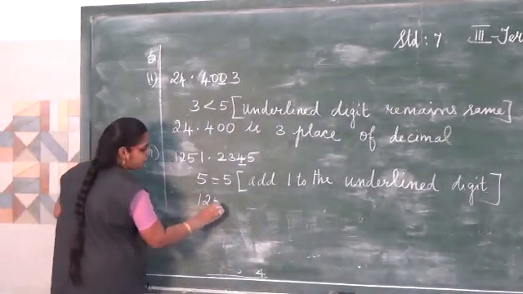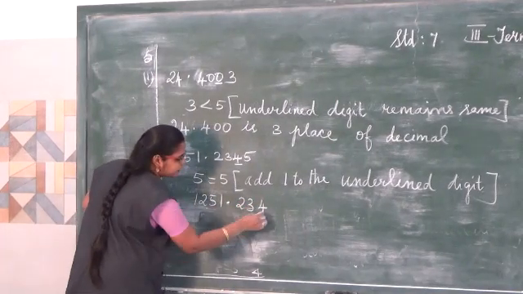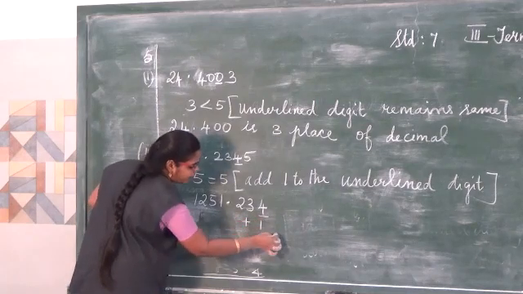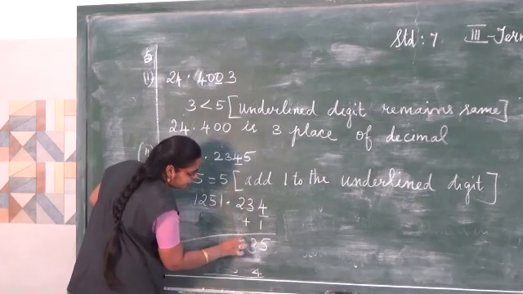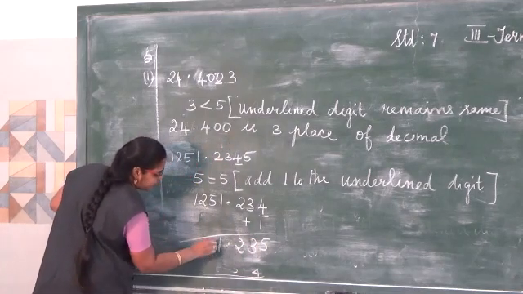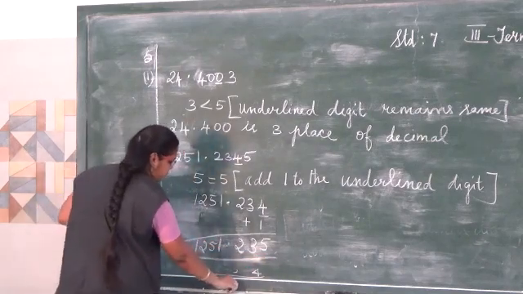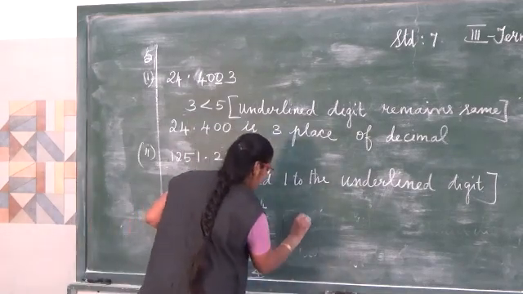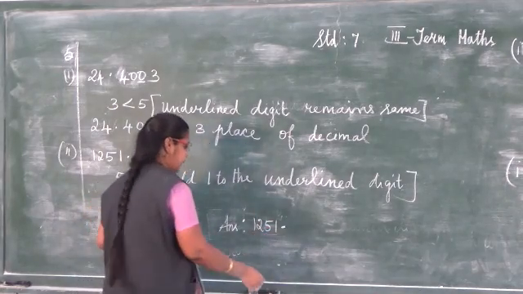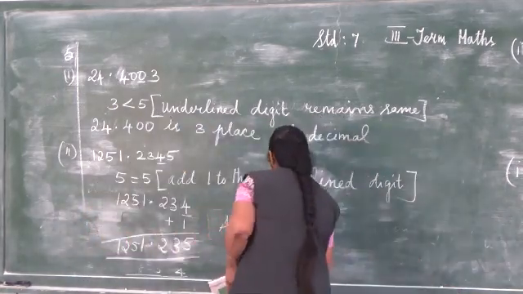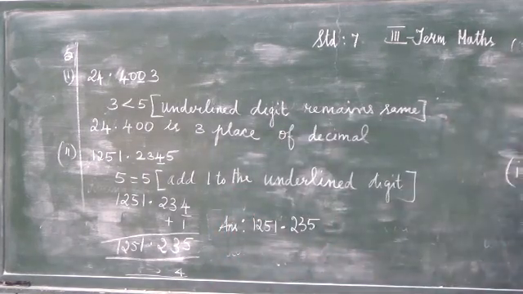So 1251.234, the 4 is the underlined digit, and we are adding 1. So the answer is 1251.235.